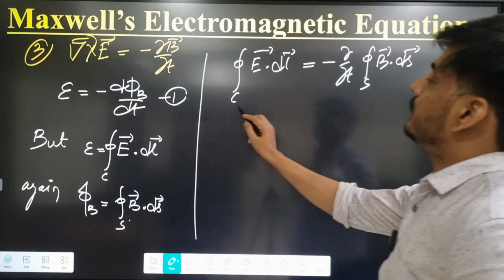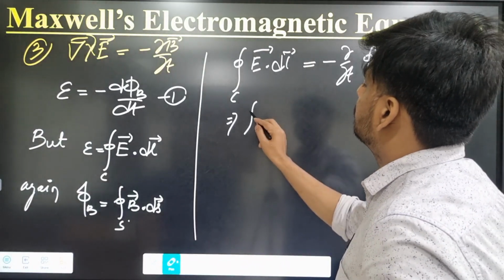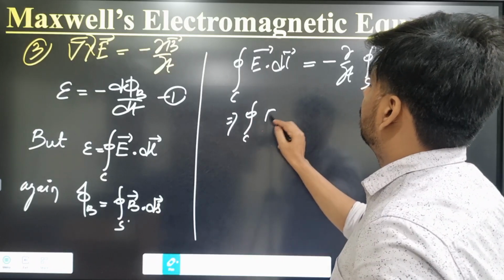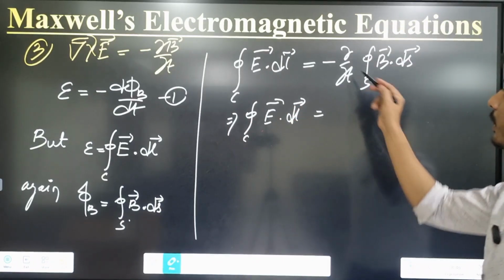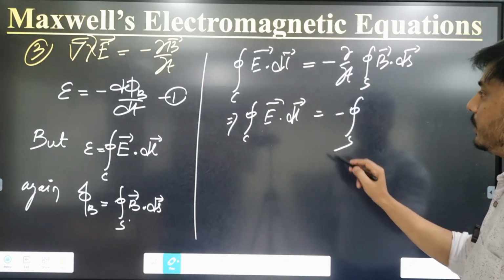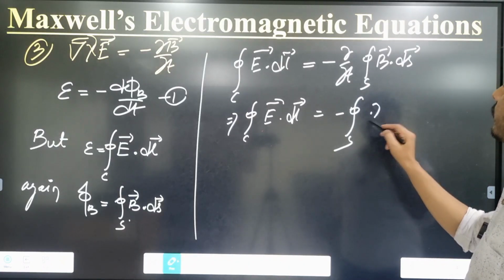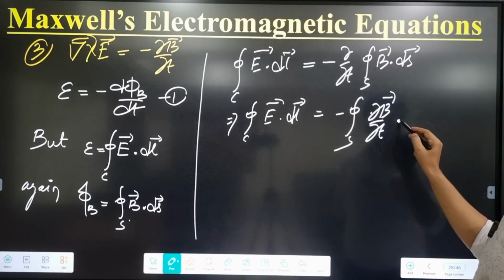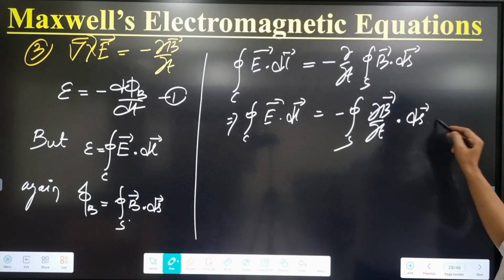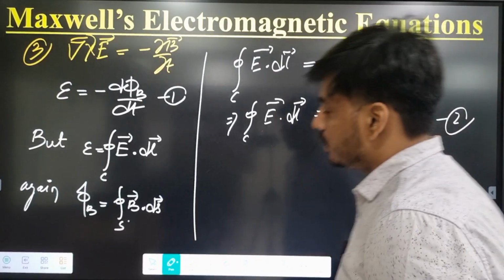The left hand side remains the same, integral over C of E dot dl. On the right hand side, minus the integral over S of del B by del t dot dS. Now see equation number 2.